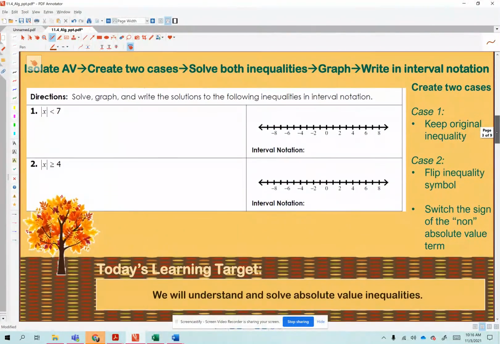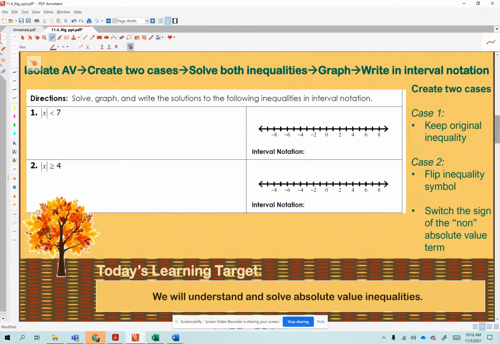So on each page, at the top, I want you to pay attention to the 4 steps. Isolate the absolute value term. Create the 2 cases. When we create the 2 cases, in case 1, we will keep the original inequality, and in case 2, we will flip the inequality symbol, and then we will switch the sign of the non-absolute value term to the opposite of whatever it is.